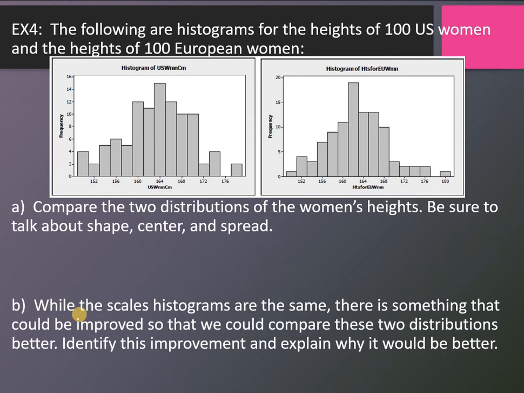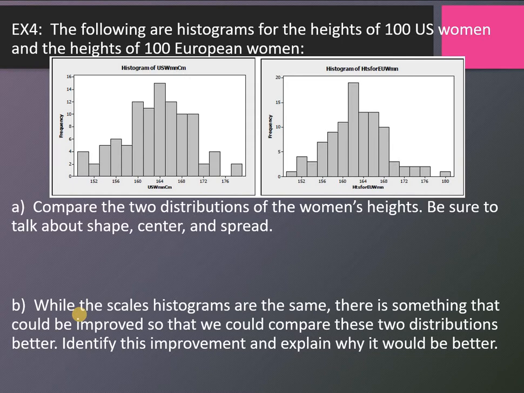We okay with that? So I've used center, I've identified where that center is, and I've used comparative language. They are both about the same. You might want to say the European women might be slightly taller, but it's roughly the same.